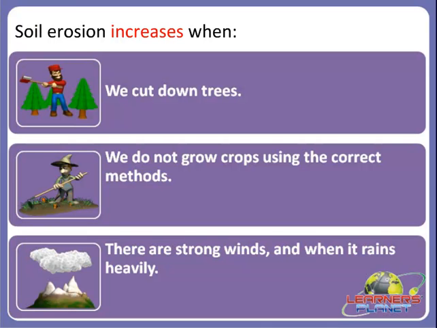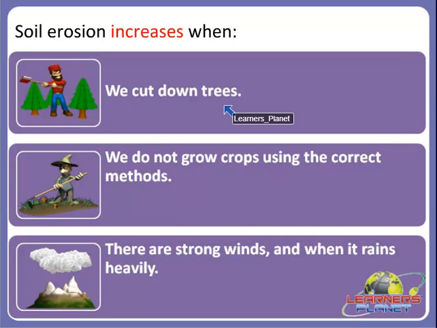So children, soil erosion increases when we cut down trees and we do not grow crops using the correct methods, and when there are strong winds and when it rains very heavily. So children, we should stop this soil erosion. We should not cut down trees.